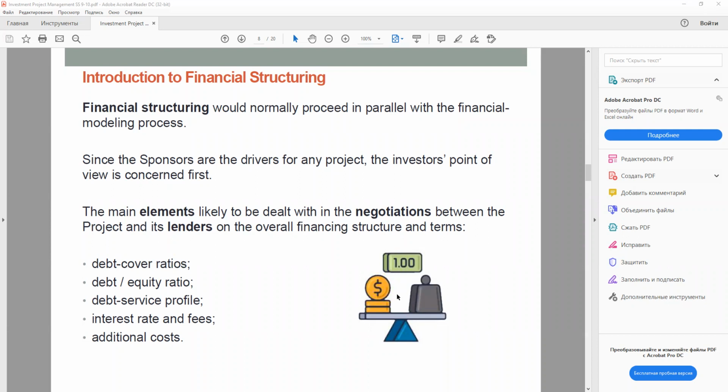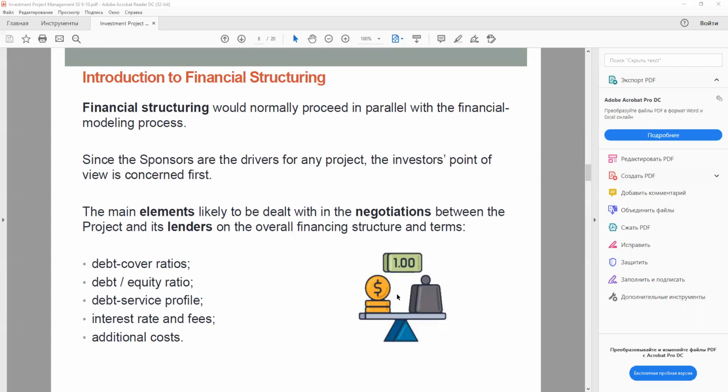The main elements likely to be dealt with in negotiations between the project company and the lenders on the overall financing structure and terms are debt cover ratios, debt equity ratio, debt service profile, interest rate, and fees, and additional costs. These are all interrelated, so that a change in one requirement will usually lead to a change in one or more of the others.